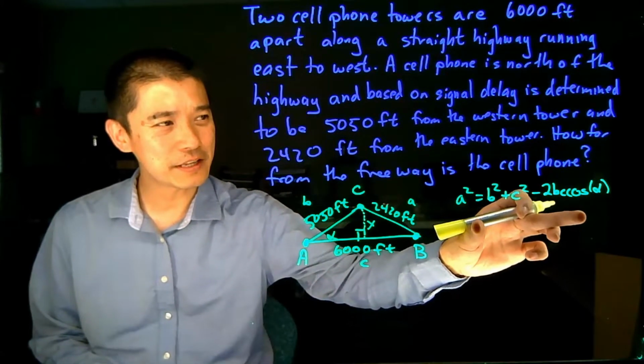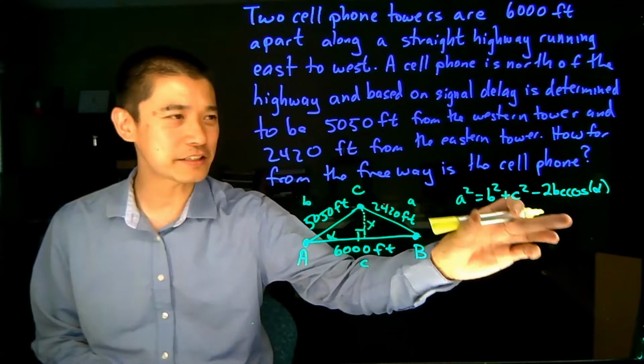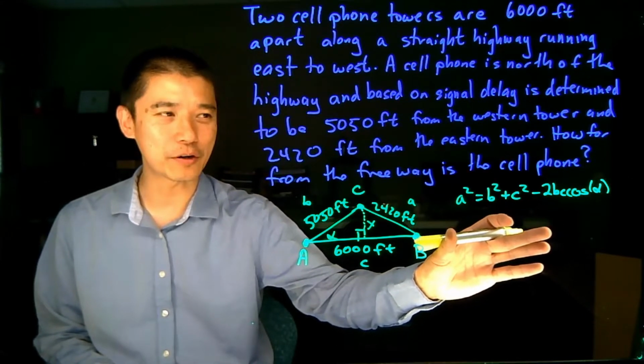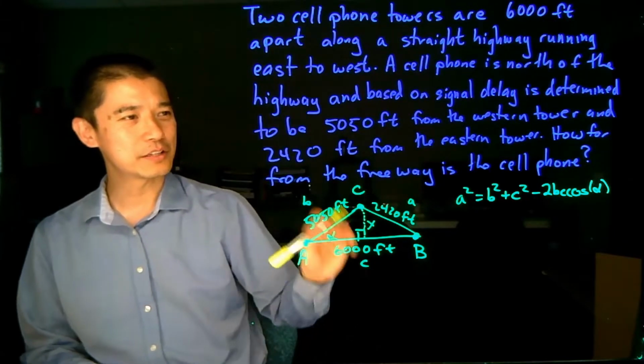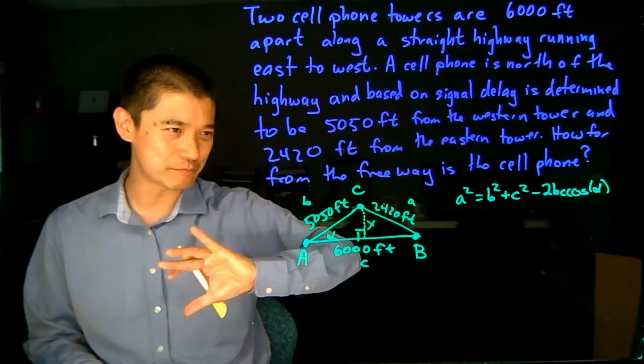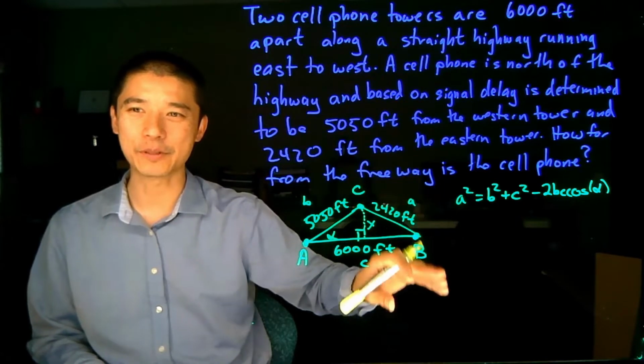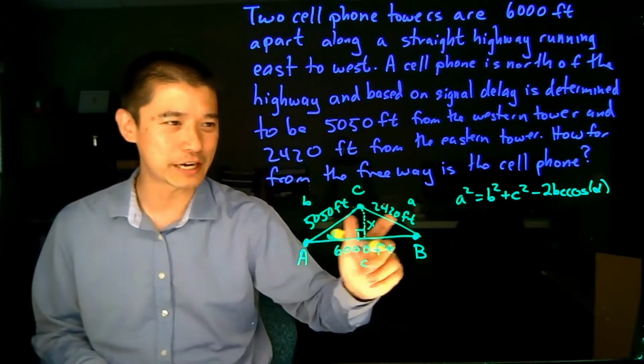Now you might find that there are versions of the law of cosines that actually have it already solved for the cosine part. If you want to use that one, that's fine, but it's really just algebra getting from here to there. The numbers are going to get a little bit big, so I'm just not going to square everything out. I'm just going to write it in its form, and then when we get to the last step, that's when it's going to get dumped into a calculator.